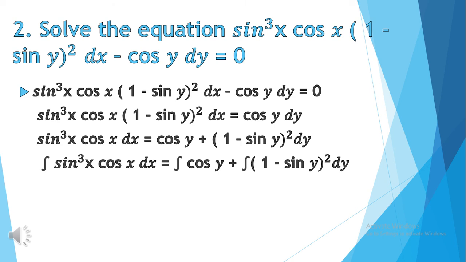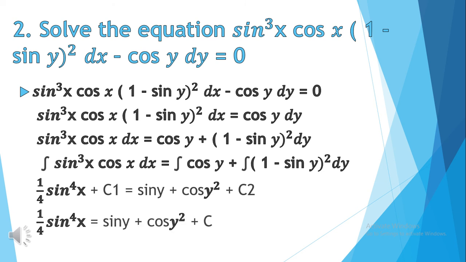It means integral of sin cube x cos x dx equals integral of cos y plus integral of 1 minus sin y squared dy, which equals 1 over 4 sin to the power of 4x plus c1 equals sin y plus cos y squared plus c2, and equals 1 over 4 sin to the power of 4x equals sin y plus cos y squared plus c.